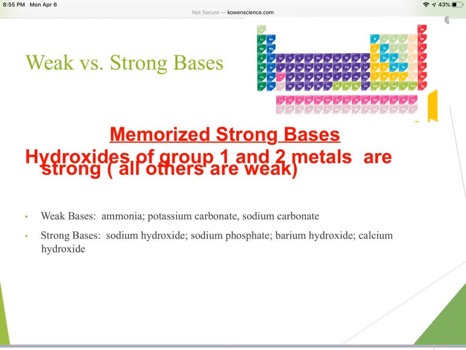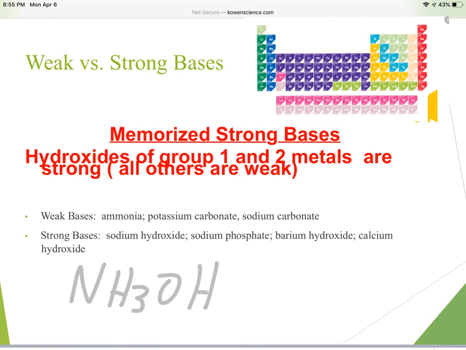Okay, I'm going to come over here and look up barium hydroxide. When I look up barium hydroxide, I'm going to find that barium is right here. It's in group 1 or 2, so it's a strong base. If I was to look up something like ammonium hydroxide, now ammonium hydroxide is written as NH3OH.